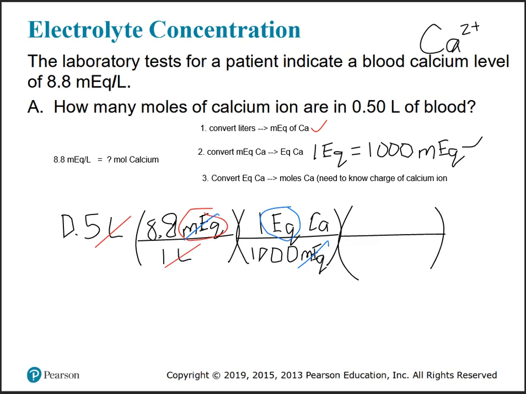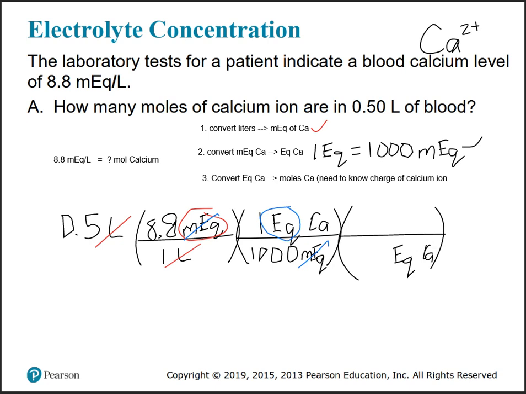We need to somehow get rid of equivalents, which means that we have to put that in the bottom. Can barely squeeze it in there.